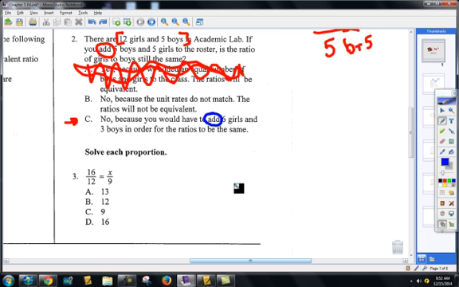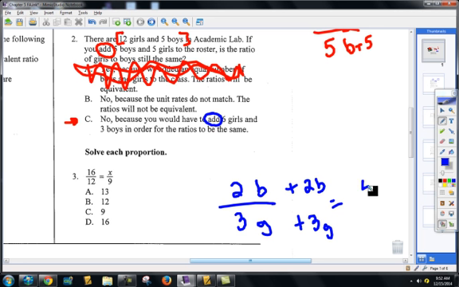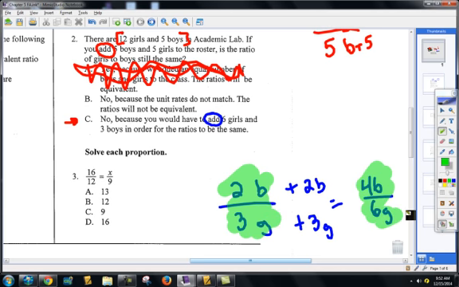Okay? And here's my example. Let's say that I have 2 boys and I have 3 girls in my math class. Okay? Now let's say I added 2 boys and I added 3 girls. I would now have 4 boys and 6 girls. Here's my question to all of you. Here's my original ratio. Would my ratio now be the same?